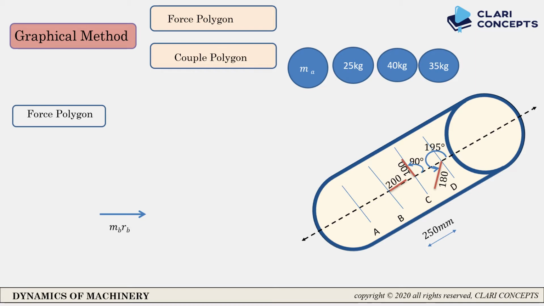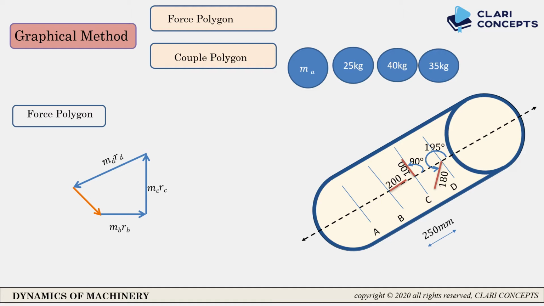So mb rb will be the magnitude of the force produced in plane B, where mc rc is the force magnitude produced in plane C at 90 degrees with respect to plane B, where md rd is the magnitude of plane D force which is shown at 195 degrees.